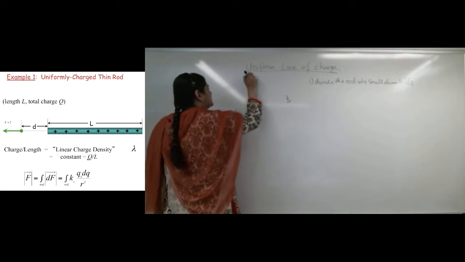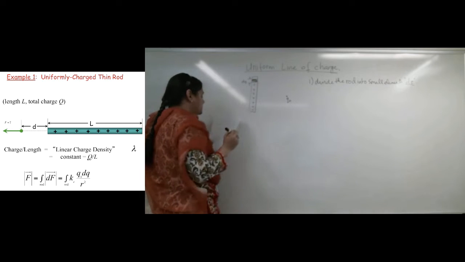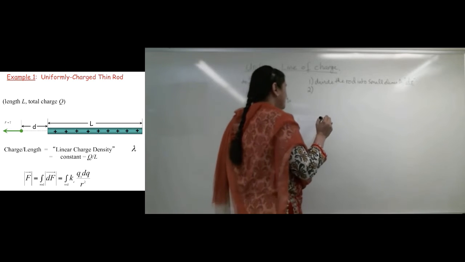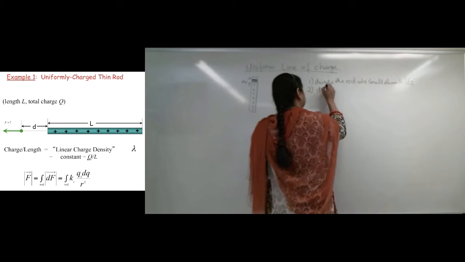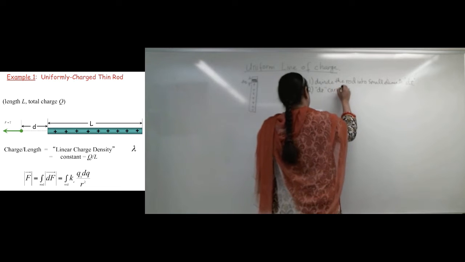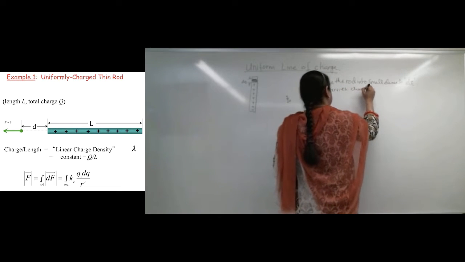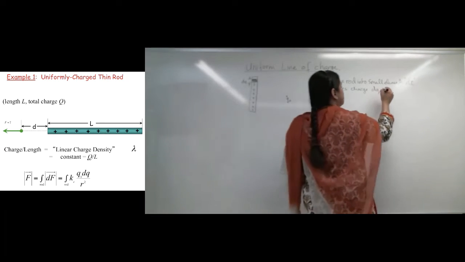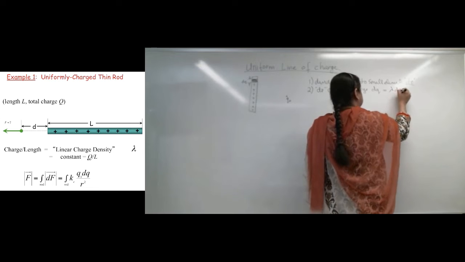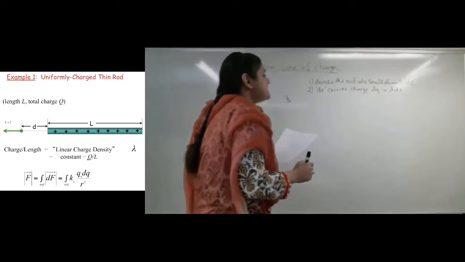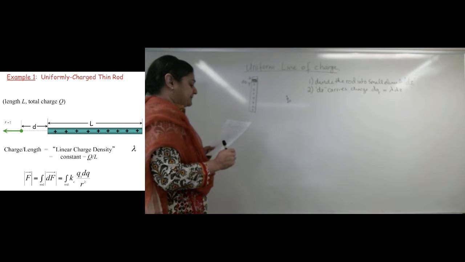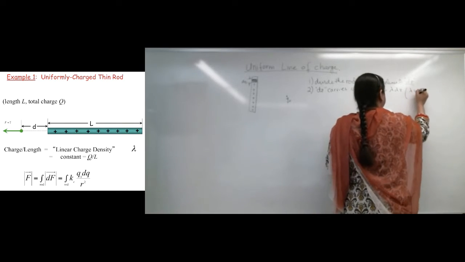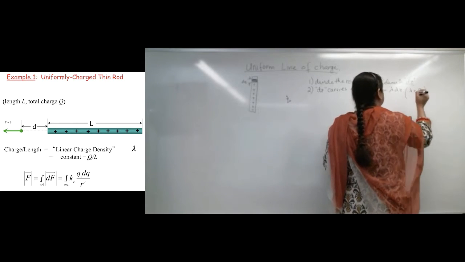Each of these dz carries a charge dq. And this dq is equal to lambda dz, where lambda is the linear charge density, and linear charge density lambda is given by Q over L.